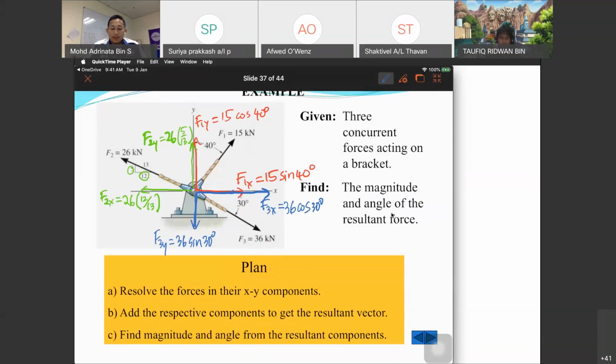And then you need to sum up your x direction.